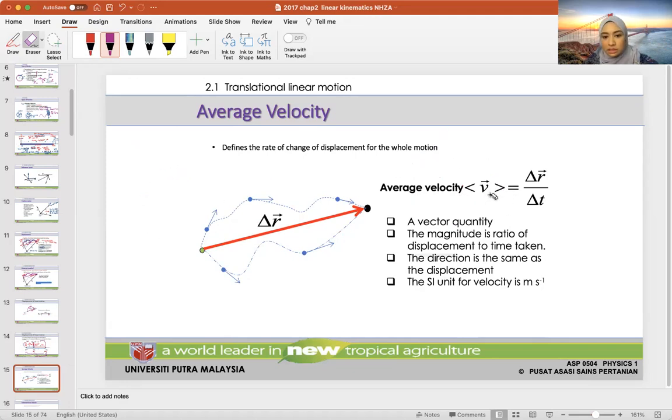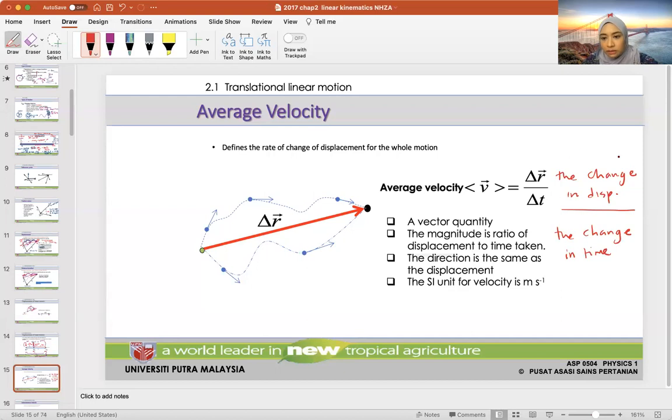And average velocity is given by the total displacement, or the change in position vector, the change in displacement, over the change in time. Okay, and the change in displacement is a vector, time is a scalar quantity.